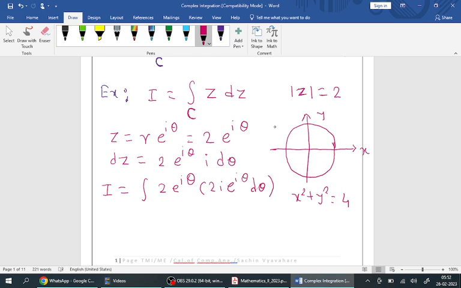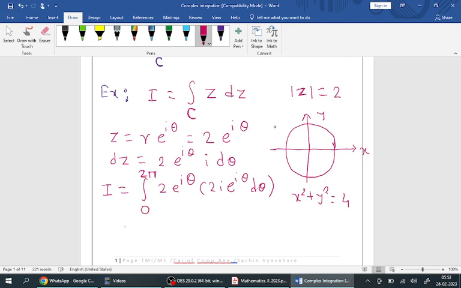Here theta is varying over the circle, and to complete one rotation on the circle, theta will vary from 0 to 2 pi. So 0 to 2 pi will be the limits for theta. This way the complex integration is evaluated.